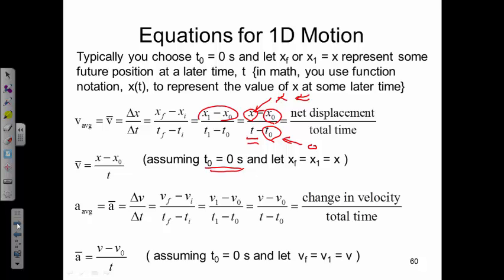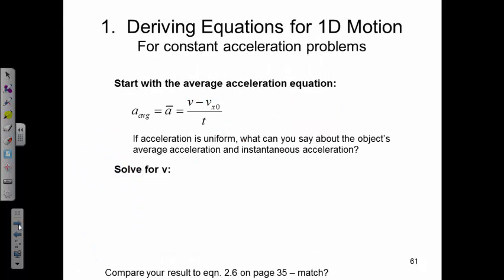That's the type of simplification we're going to do, so it simplifies our equations to something that looks like this. This is some future x value at some future time, and this is some future velocity at some future time. From our last page, remember, this is just delta v, and this is delta t, simplified a bit.